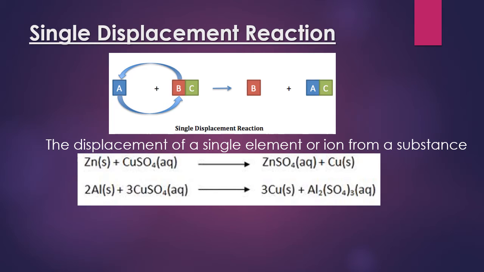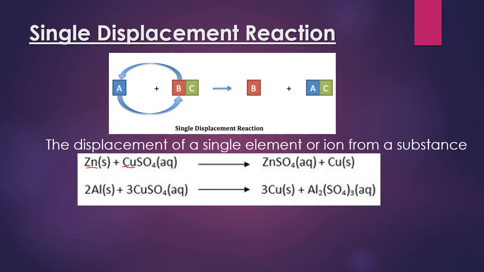The next type of reaction is a single displacement reaction. With a single displacement reaction, we have an element or ion basically switching spots with a compound. So how do you recognize this as a single displacement? Well, you have a metal by itself in its elemental form, and it is going to switch places with another metal that's in a compound.